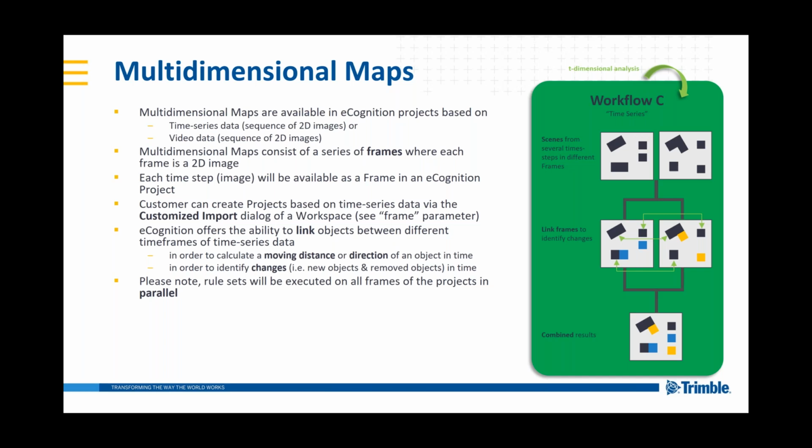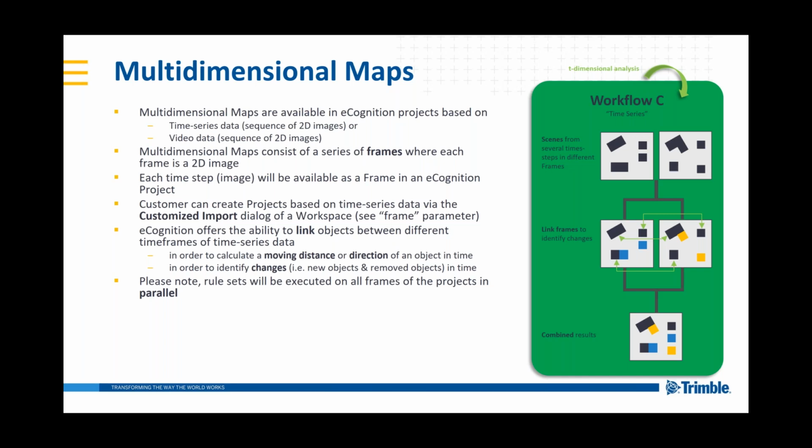So we're linking the objects across these frames within the projects. This is what you can use to calculate, say, the moving distance of an object or the direction that an object is going over time. And of course, the changes. Is it a new object? Has an object been moved from one frame to the next?